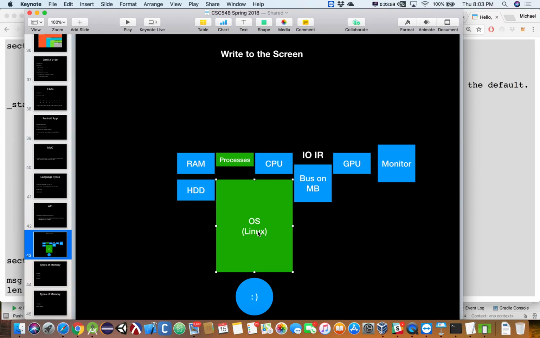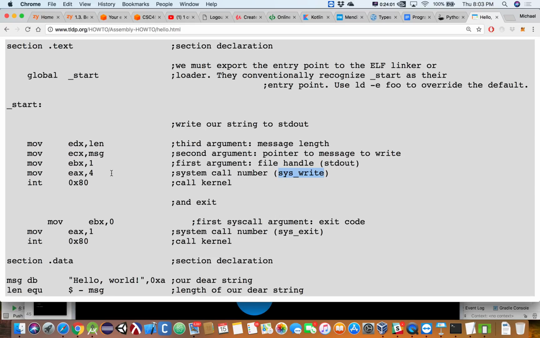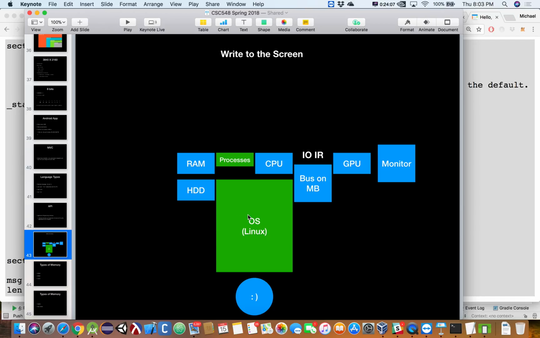Even though we're looking at a program like this and we're like, oh, this doesn't look like something I want to do. All right, so one of the many things that this dude knows how to do is this system call called sys_write. And the sys_write system call ultimately knows how to do the magic of getting something going through all of this, ultimately showing up on the monitor.